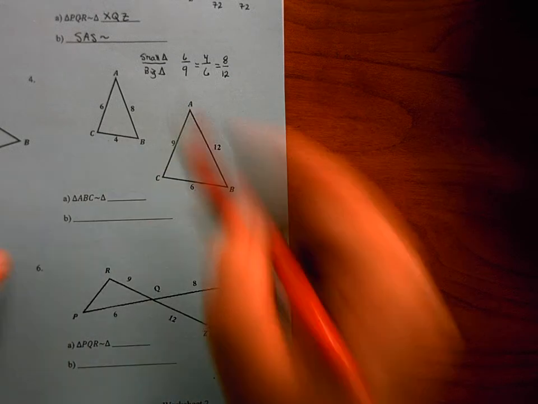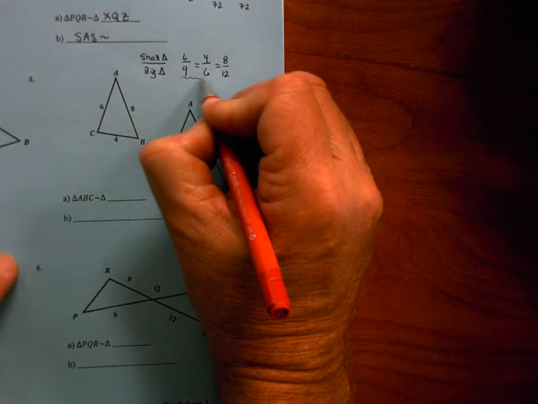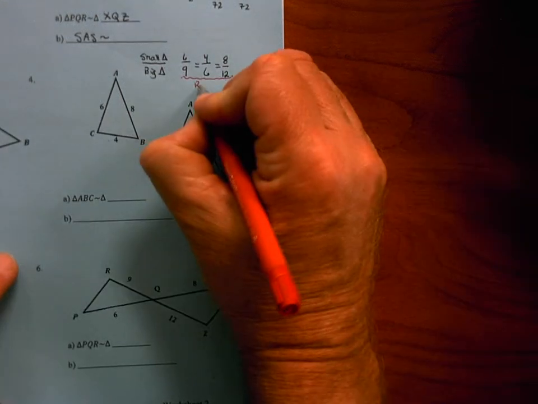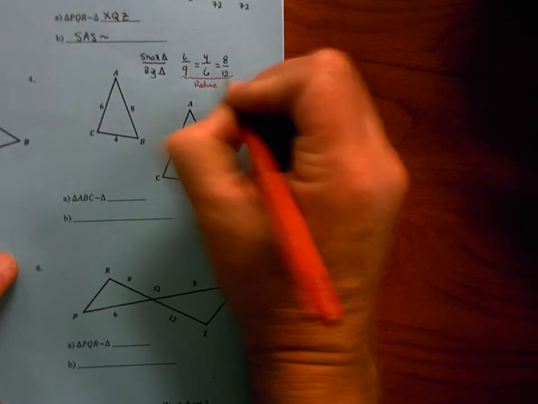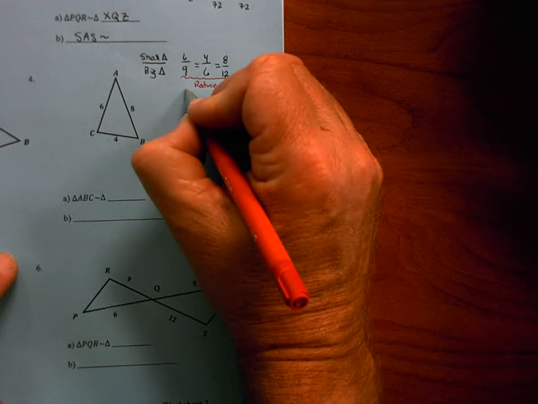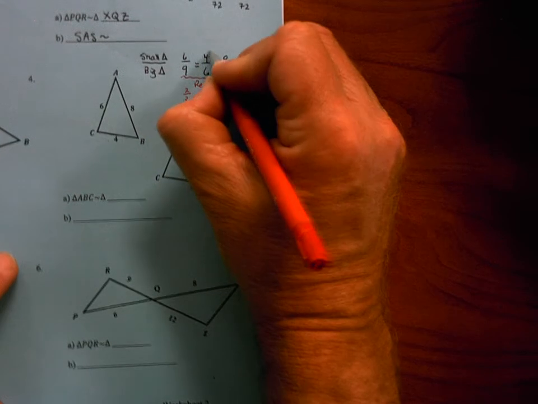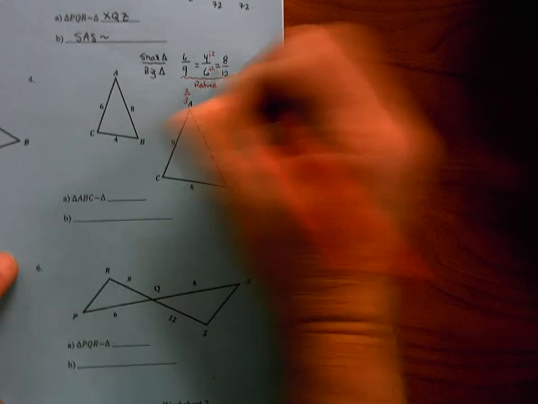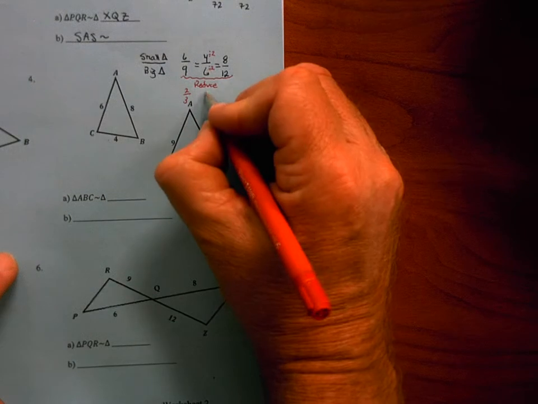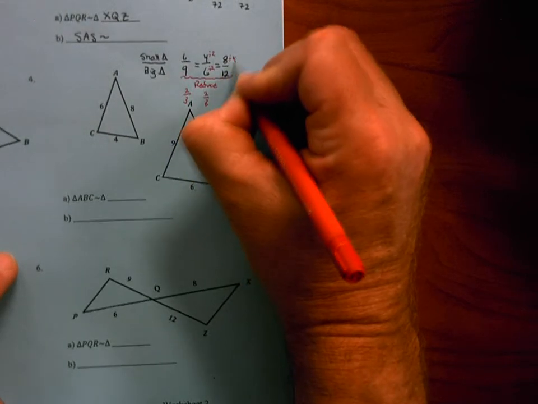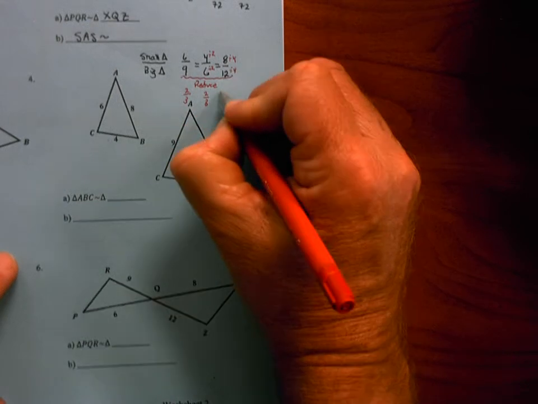And once again, if you have 3 ratios, the best way I think to check to see if they're all equal is just reduce all 3. 6 over 9 reduces to 2 over 3. 4 over 6, if I divide both numbers by 2, that's how I'm reducing, reduces to 2 over 3. 8 over 12, if I divide both numbers by 4, reduces to 2 over 3.